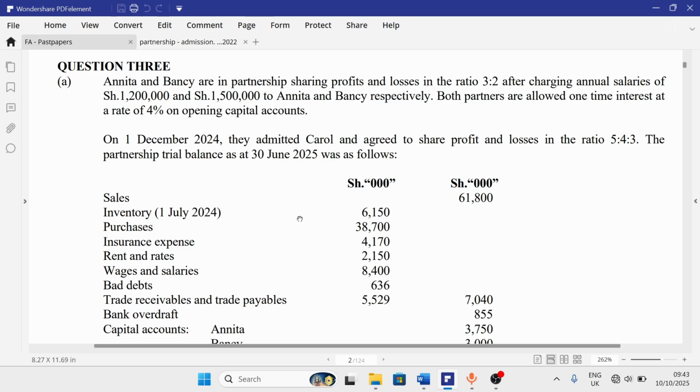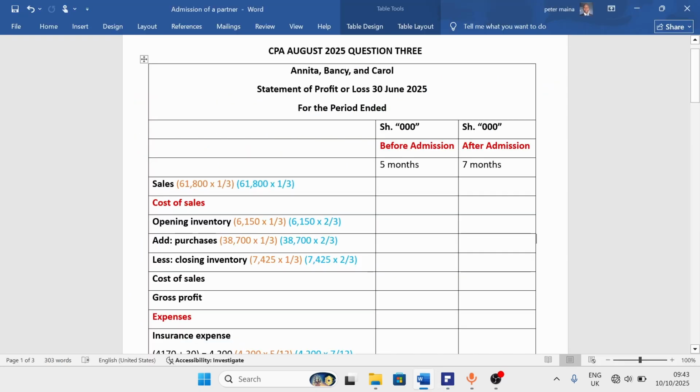That means that the income statement should be divided into 2 columns. One column, the period before admission, and the other column, the period after admission. So this is the format we are supposed to use to prepare the statement of profit or loss. So notice we have the 2 columns there.